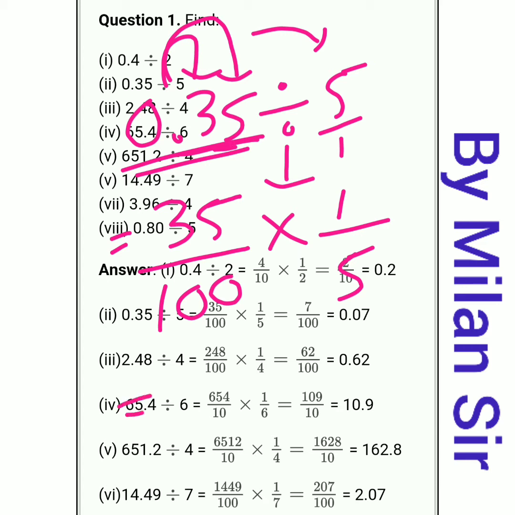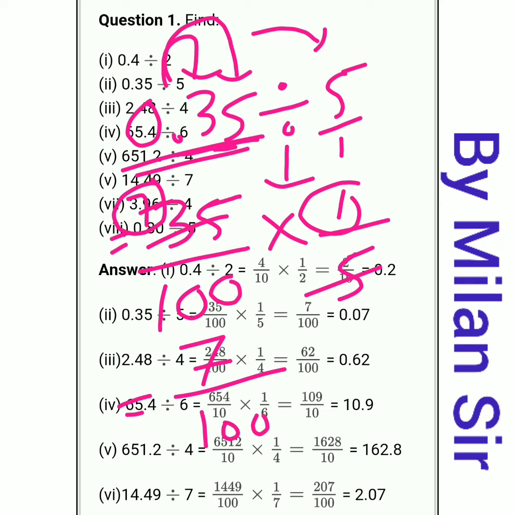Now we need to simplify this. So we can cut this. 5 sevens are 35. So in numerator we have 7 ones are 7, and in denominator we have 100. Now again we need to write the answer in decimal point.